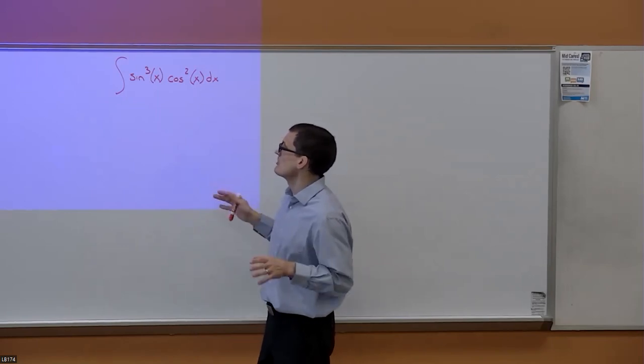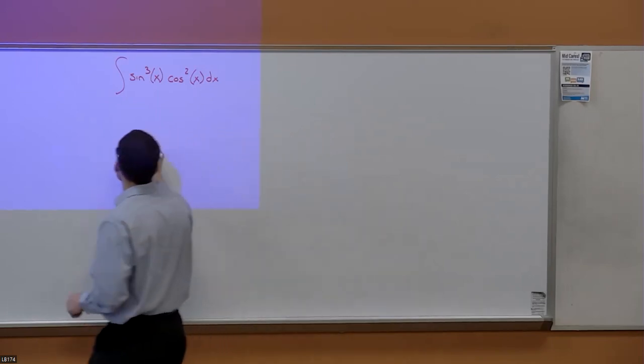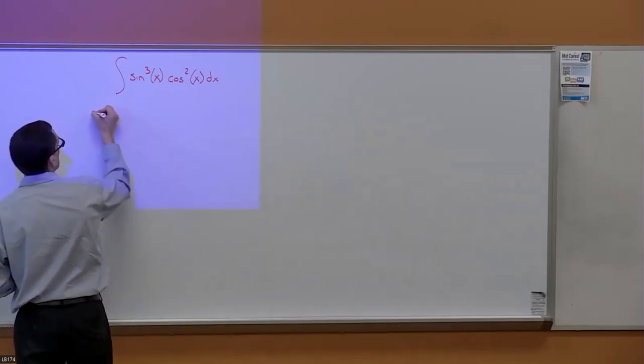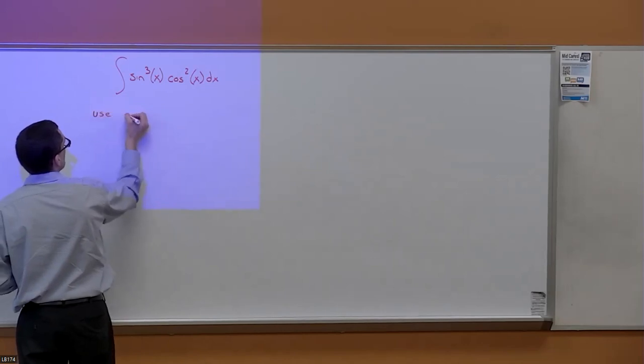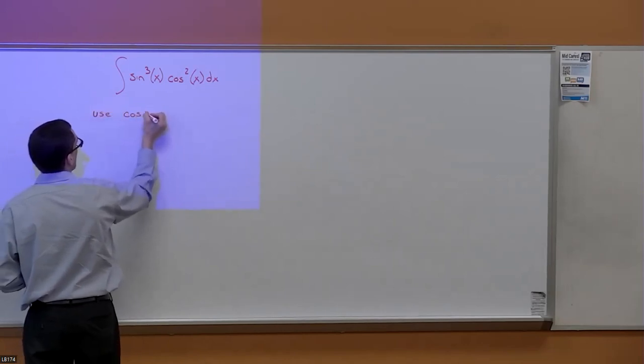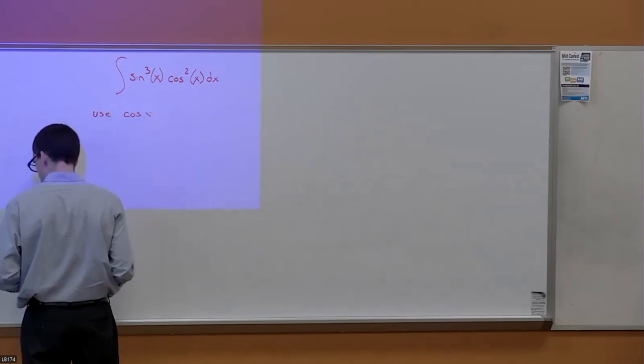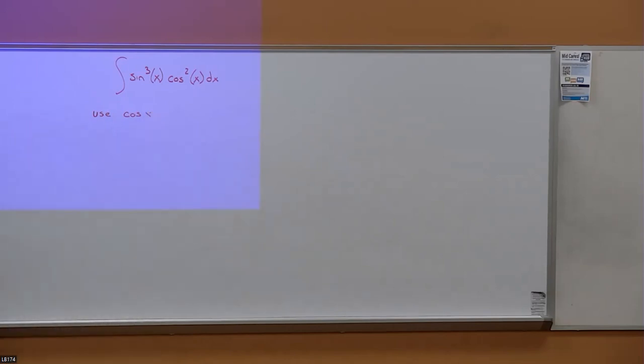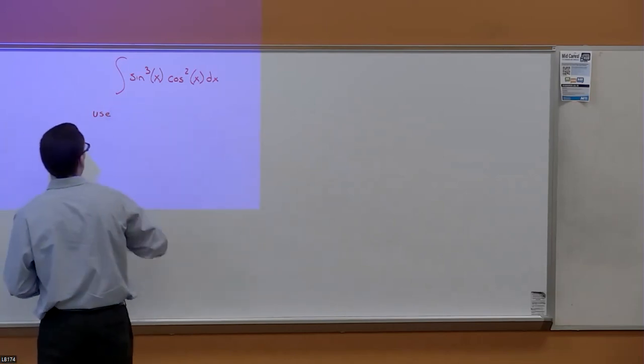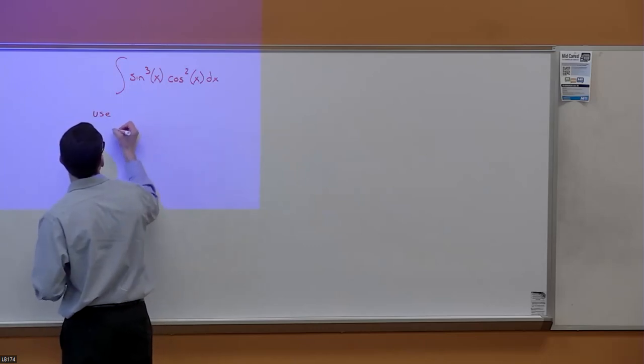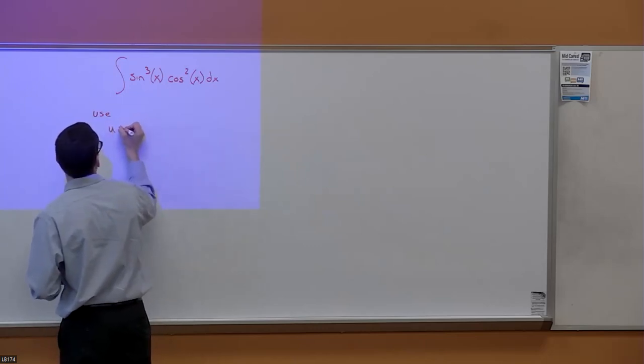So the short of the story is I'm going to use cosine of x as my exchange because it has an even power.